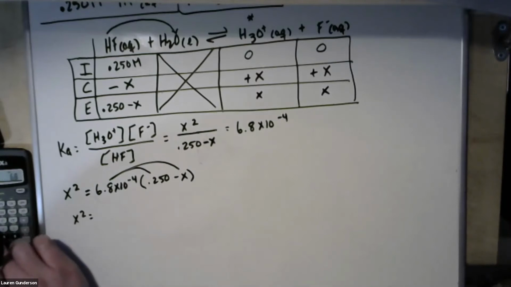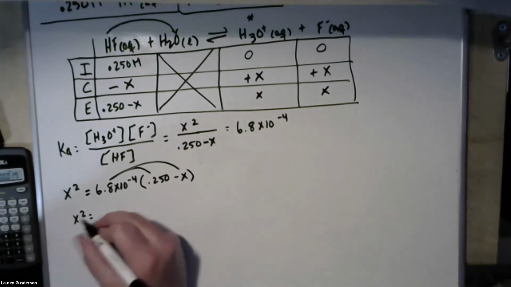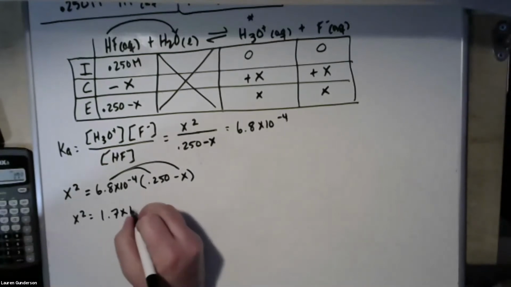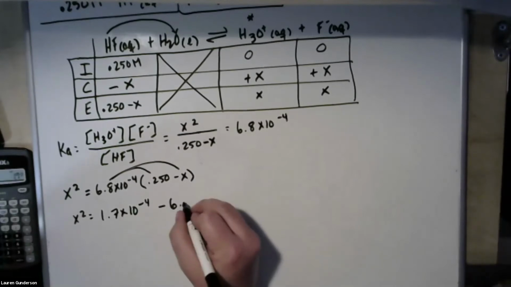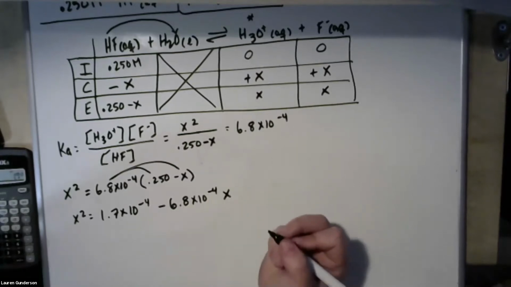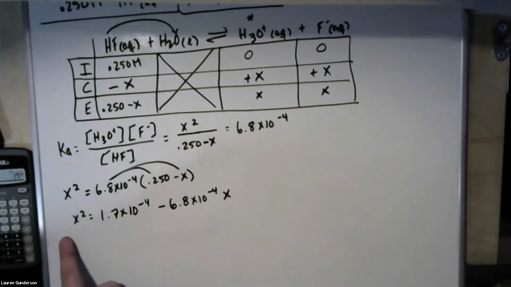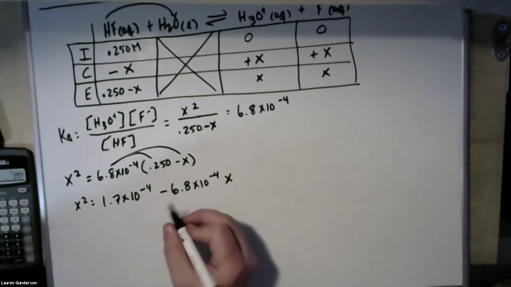Okay, so 6.8 times 10 to negative 4 times 0.250 is 1.7 times 10 to the negative 4 minus 6.8 times 10 to the negative 4x. Okay, and I'm going to move both of these things onto the left side so that all of my variables are on one side and I set my equation equal to 0.